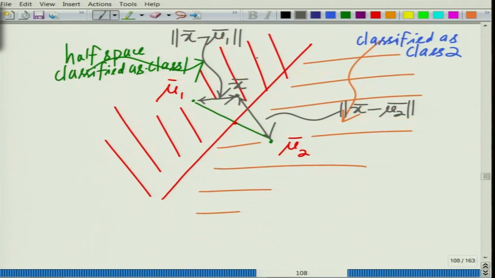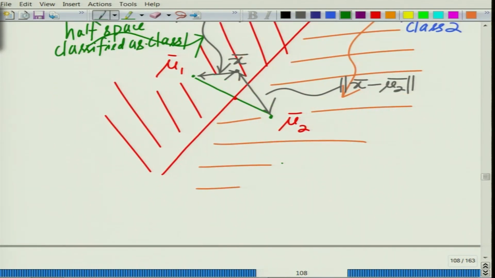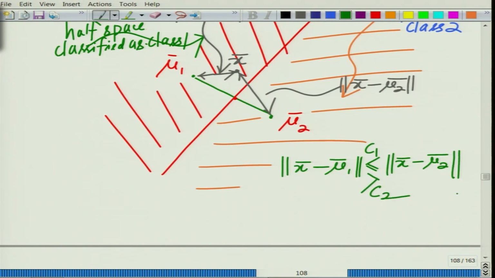And essentially what you are doing is, if norm of x bar minus mu1 bar is less than or equal to norm of x bar minus mu2 bar, then you choose class C1, else you choose C2. So, this is also known as the minimum distance classifier.